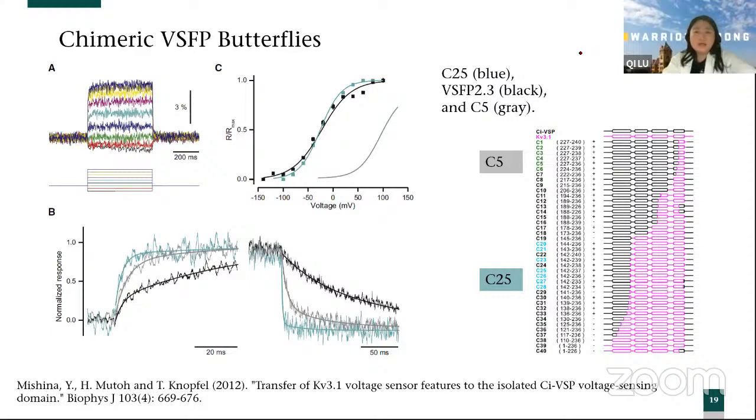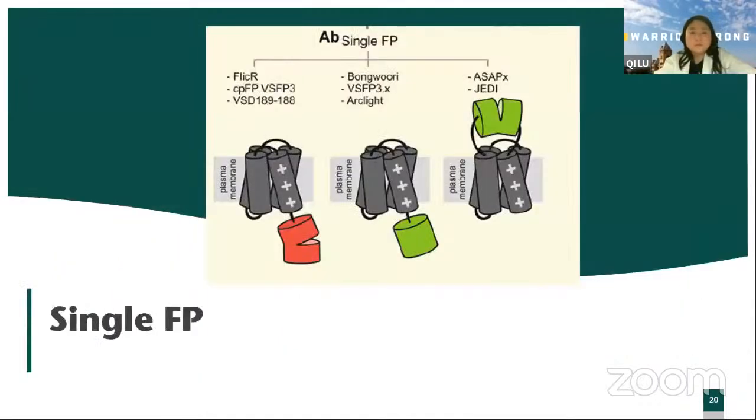So let's choose one, this is C5, this one. It keeps just a little bit of the potassium channel's voltage sensor domain. Another construct chooses the C25, which keeps a majority of the potassium channel.